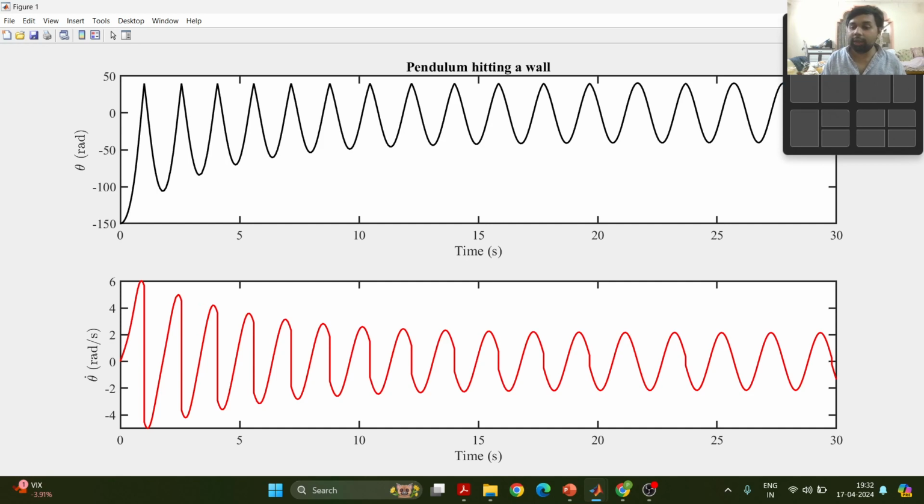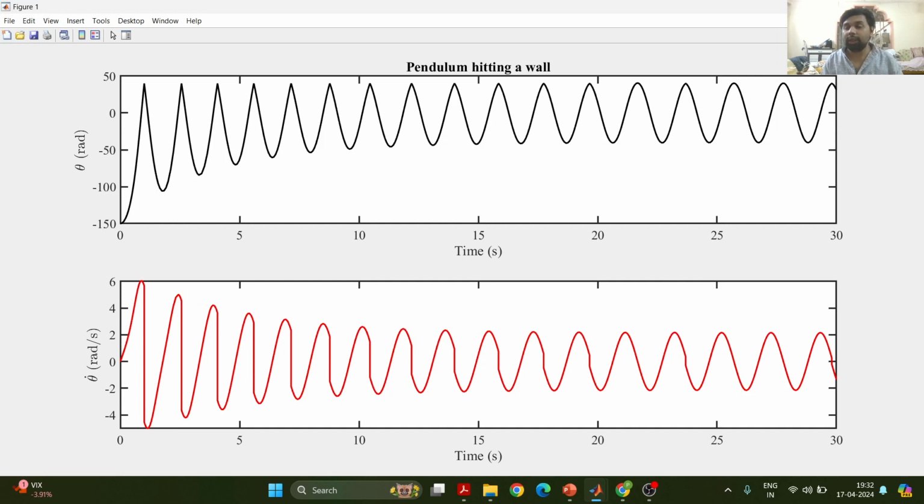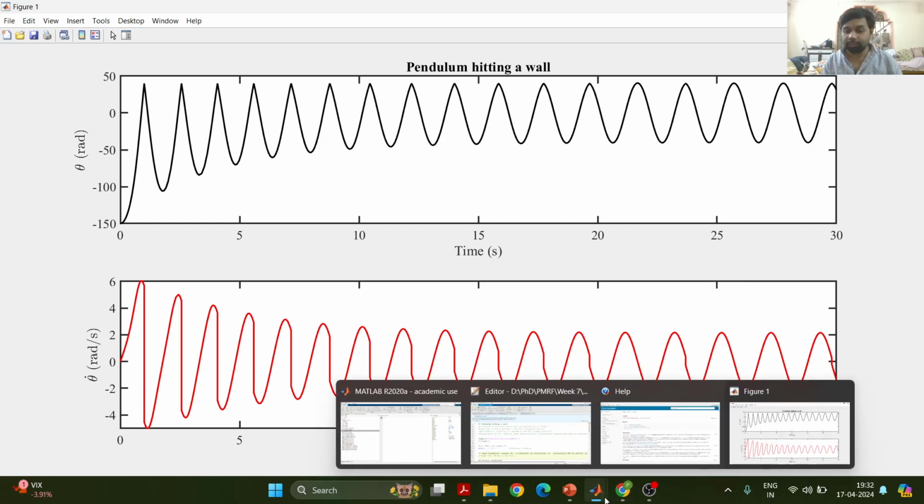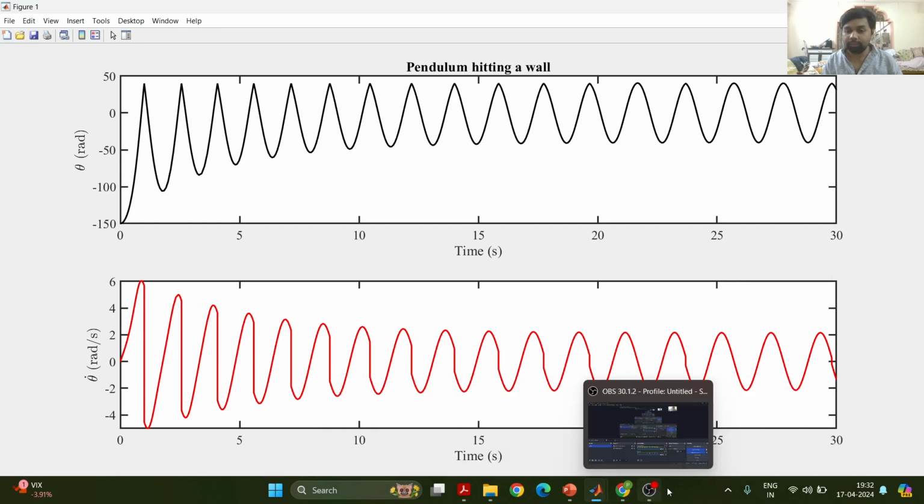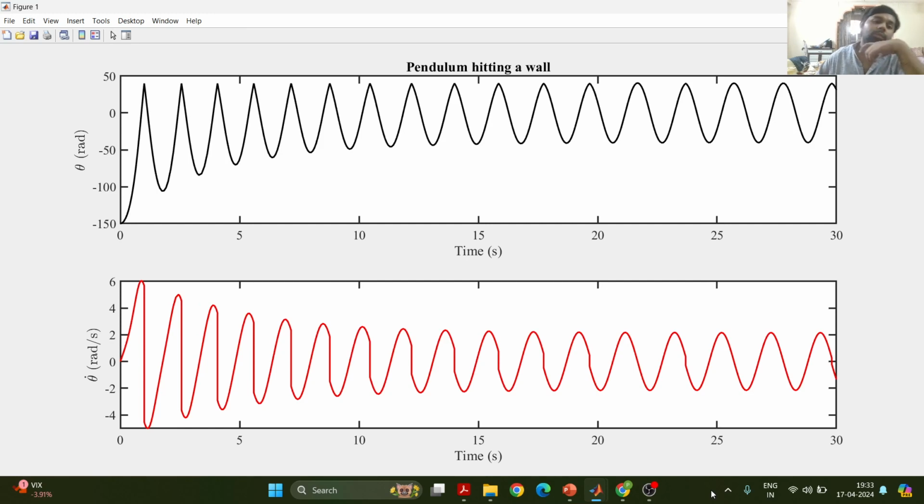Now how do we incorporate this in MATLAB? Any idea? With the function, the velocity we will give in the form of some exponential function or something like that.